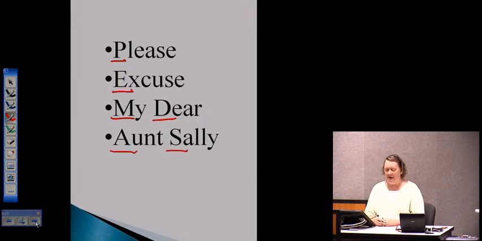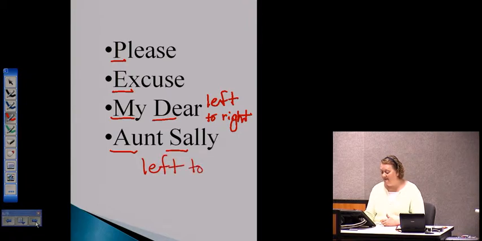Now be careful here. We don't do multiplication and then go back and do the division. We do the multiplication and division from left to right. And we do our addition and subtraction together as a group from left to right.